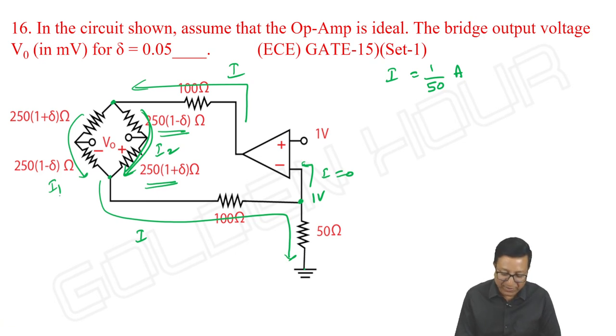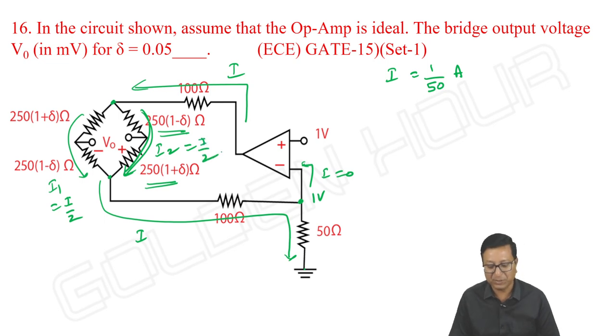Which means I1 is equal to I2 is equal to I by 2, where I is 1 by 50 amperes. So I1 is equal to I2 is equal to 1 by 100, that is 10 milliamperes.